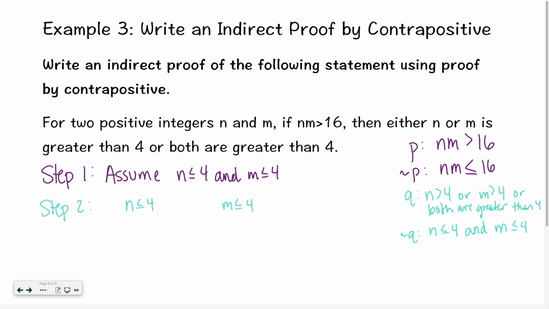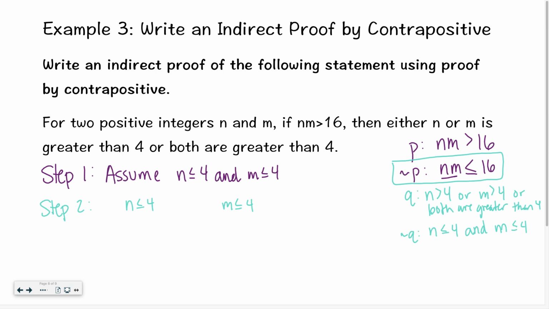Now remember, I'm trying to show that step 2 gets me, I can somehow manipulate this step and get to my not P. So I want somehow to get it to look just like that. If I look, the left side of the not P inequality is nm.